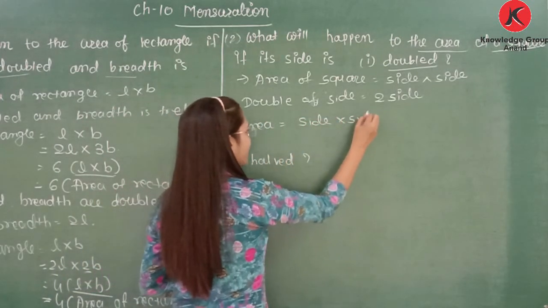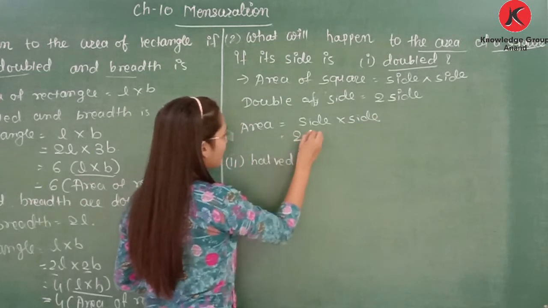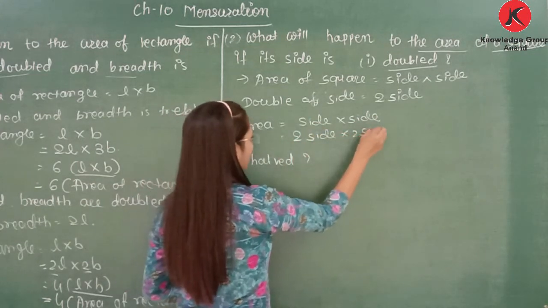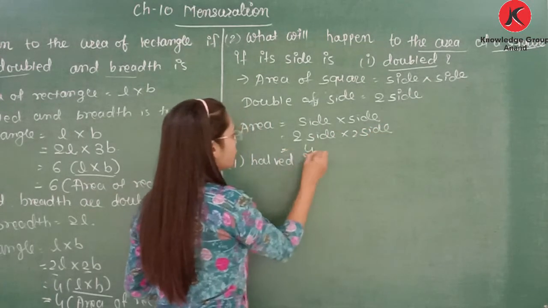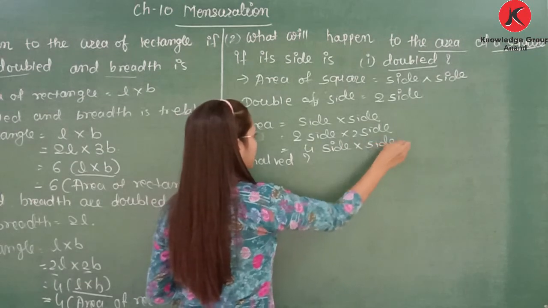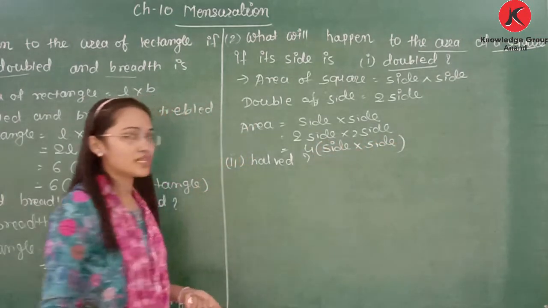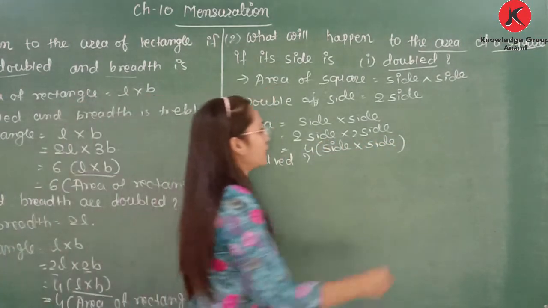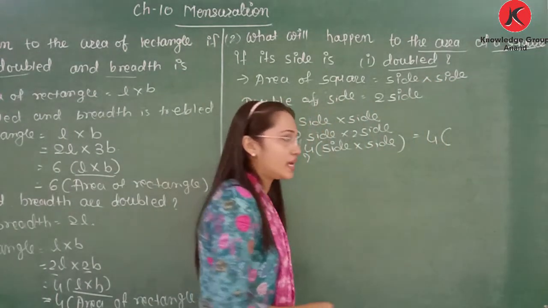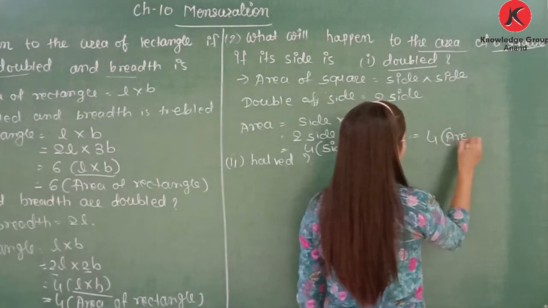Side multiplied by side is the original equation, but with 2 times each side it is 4 times side multiplied by side. Side multiplied by side is the area of a square. So if we double the side of a square, then the area will be 4 times the area of the square.